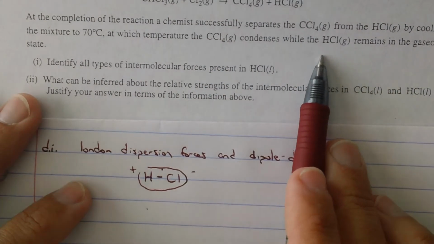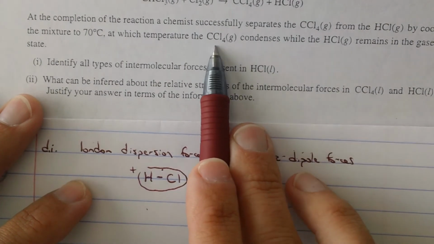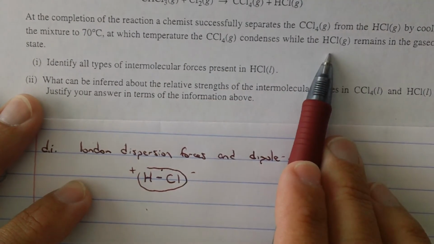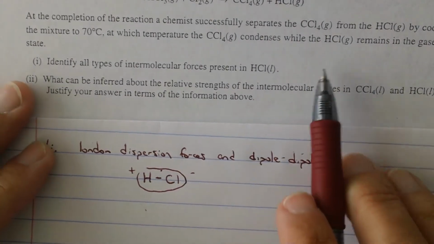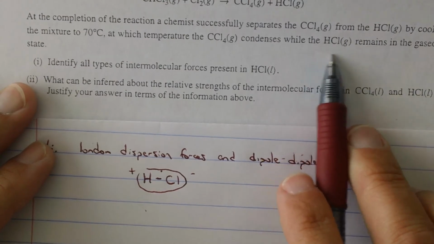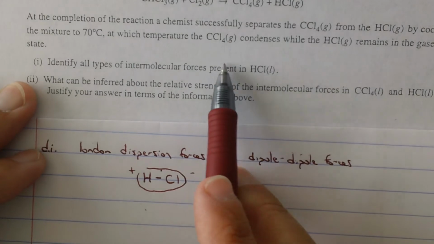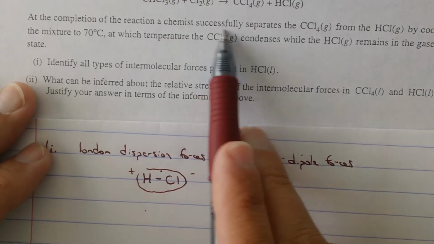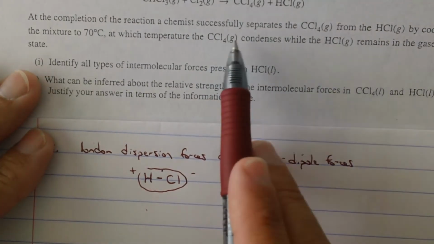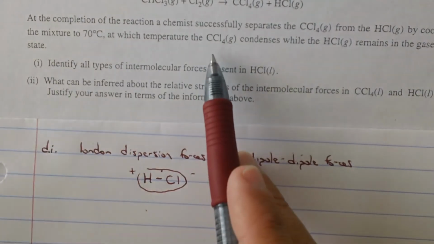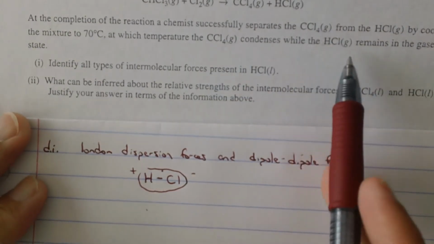HCl is polar with those dipole forces, but the intermolecular forces here are stronger than the intermolecular forces here. So you have to somehow, and it pains me because if something's polar, the tendency is polar things tend to be more attractive to each other than non-polar things, except this guy has so many electrons that all those electrons create dispersion forces that are greater than the dipole forces here.